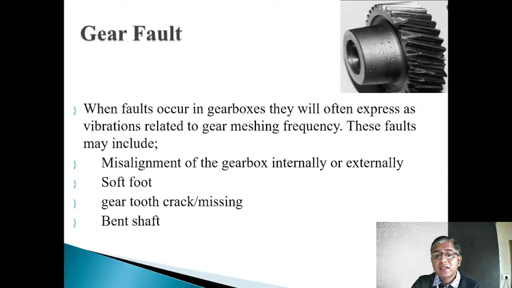Gear tooth cracks or missing: because of these shocking loads, the gear tooth may get damaged. Then bent shaft. Internally, these gears are mounted on the shaft, and if the shafts are bent, then the interference between the two mating gears is not proper, and because of that the gear may get damaged.